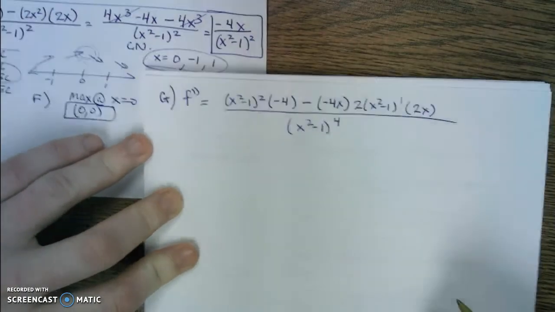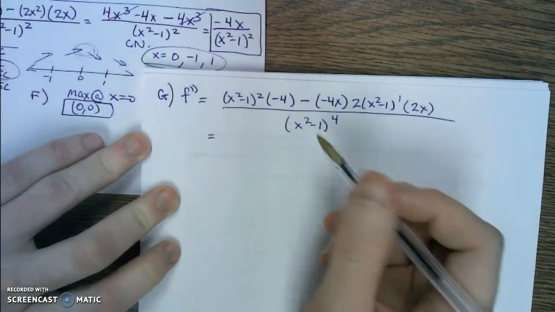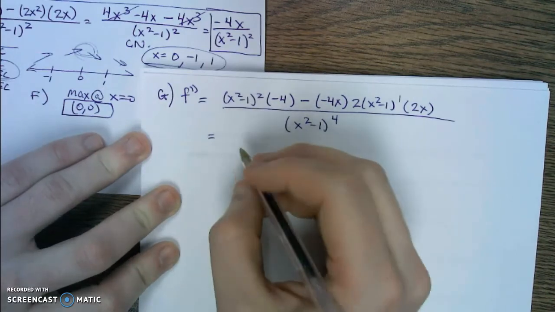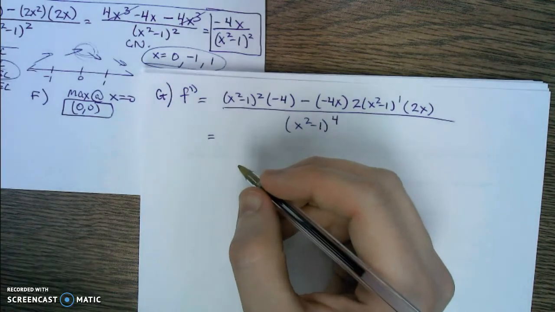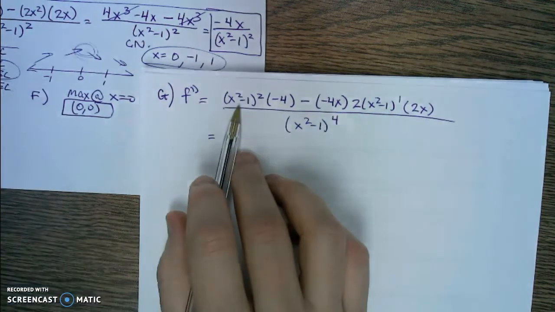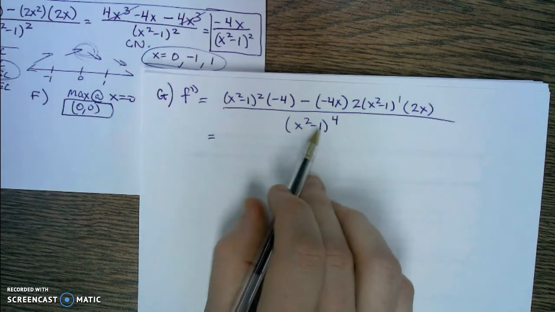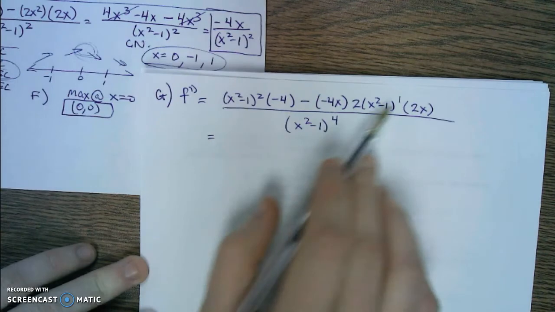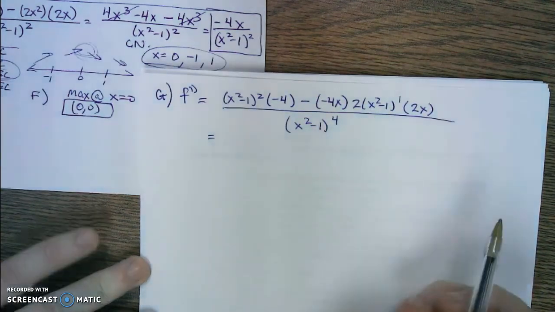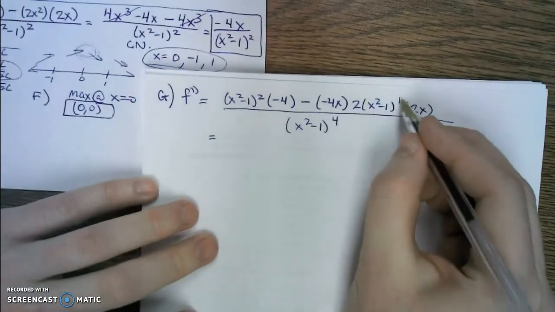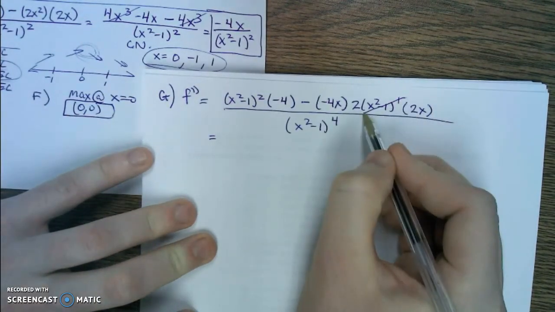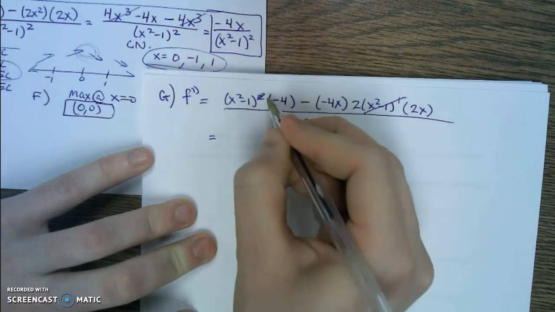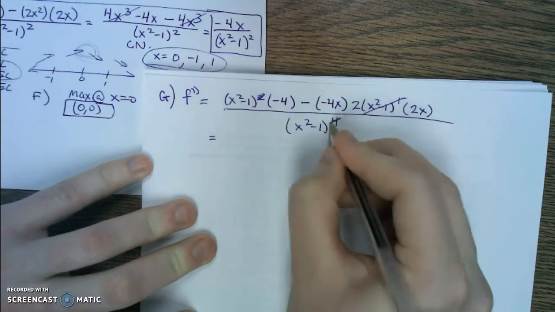And then let's simplify this. So if I FOIL this thing, I end up getting, actually don't FOIL that, because what I see here is x squared minus 1. I have it in all 3 terms. So actually, let's cancel one of these x squared minus 1s. So that'll cancel that one altogether. That will cancel one of these, so get rid of the square, and that'll change this to cube.